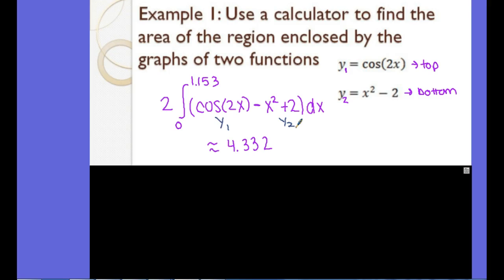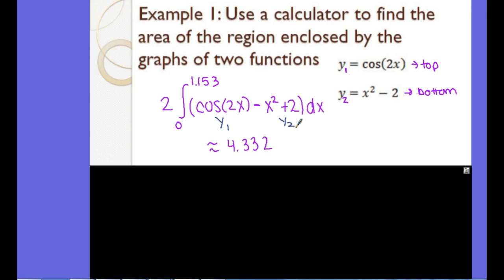Go over to Y-vars and go down. So the top one. That's why it's important you know which one's y1 and y2. Home. Always.